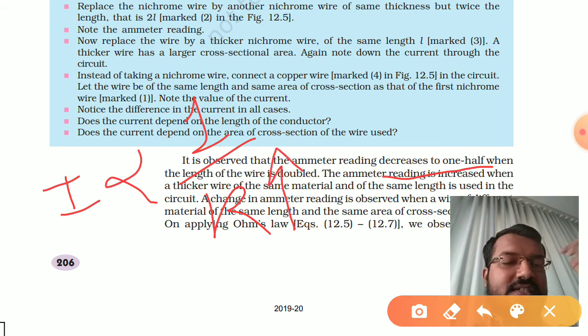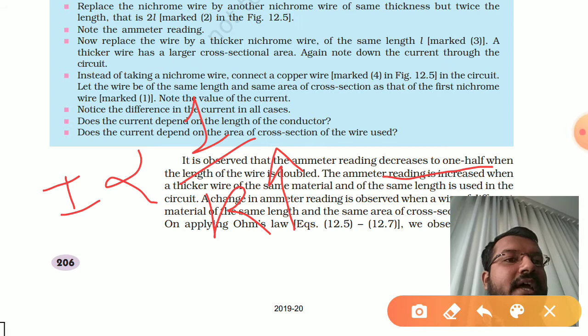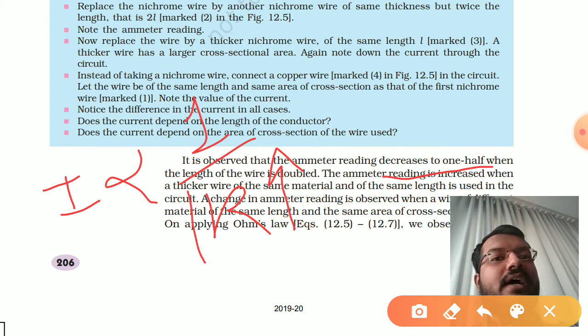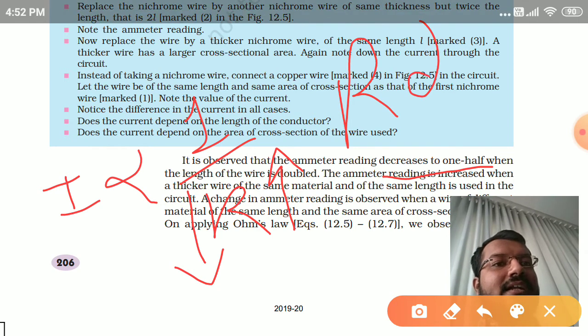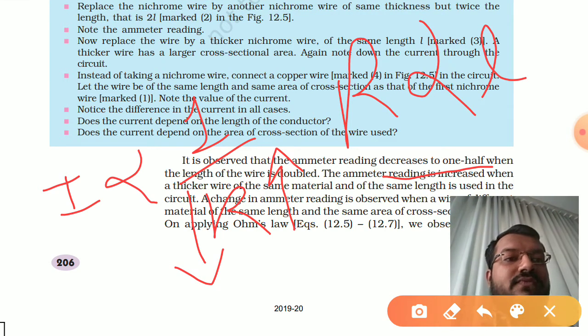Okay, this is the first case. Then in second case what happened, if we increase the thickness of the wire but the length is the same, then the reading of the ammeter is also increasing. It means R is decreasing. So we can say that R is directly proportional to L, because when length is increasing, I will be decreasing and R will be increasing.